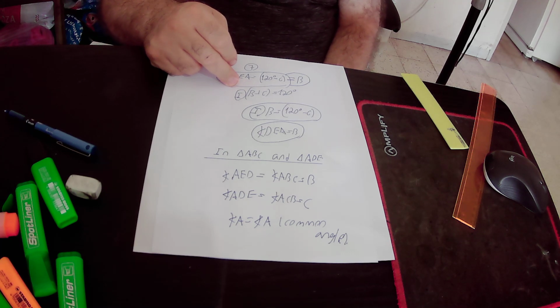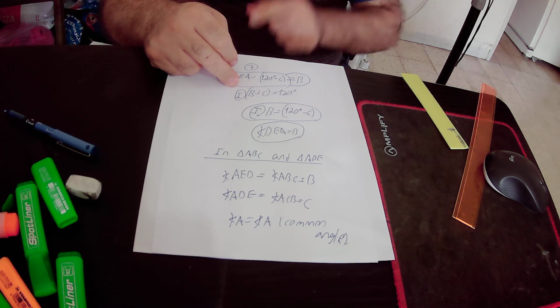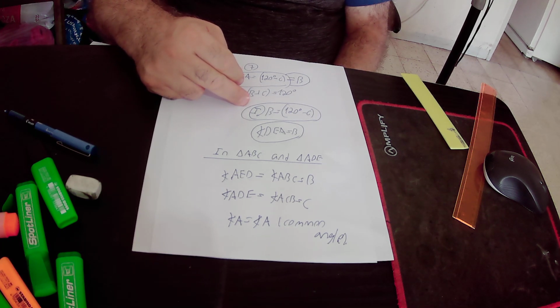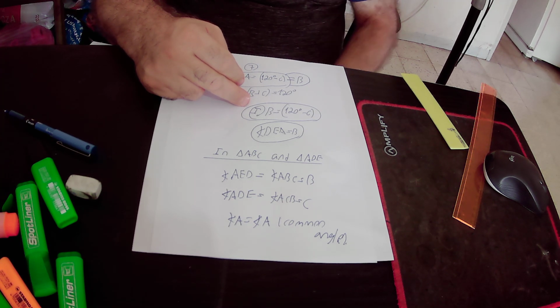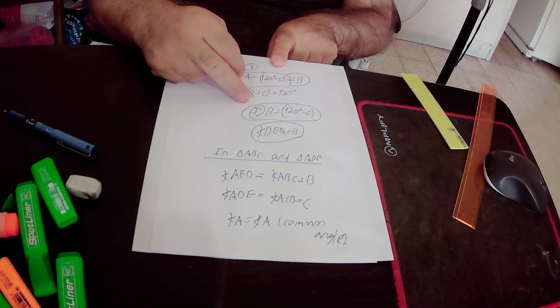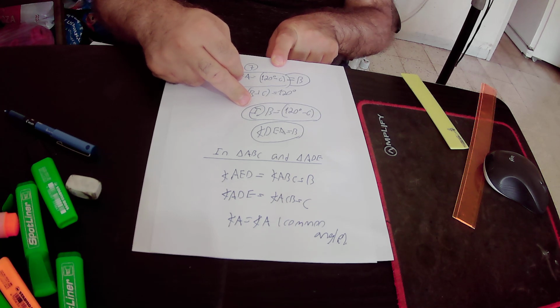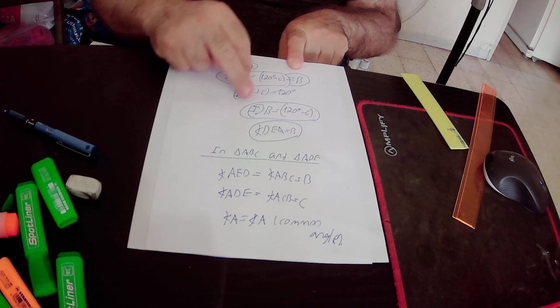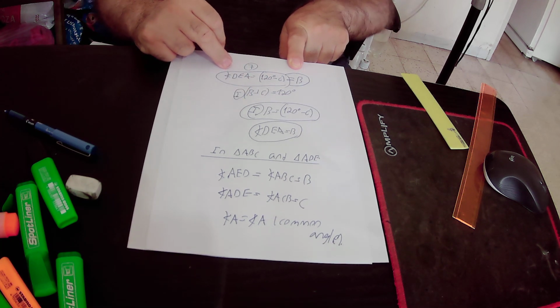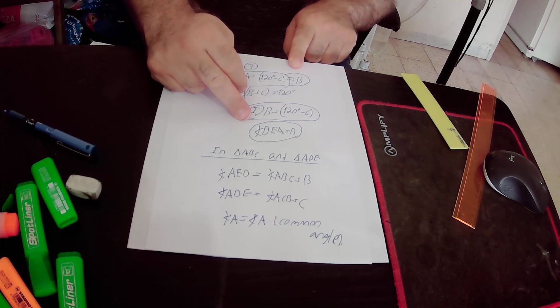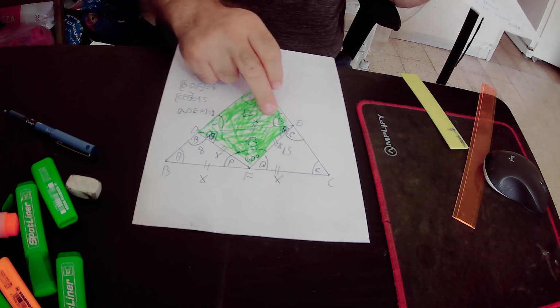And if we subtract C from equation number 1, we get this equation that B equals 120 degrees minus C. So we can write here that 120 degrees minus C equals B according to equation number 1, and from this equality we can derive that angle DEA equals B.